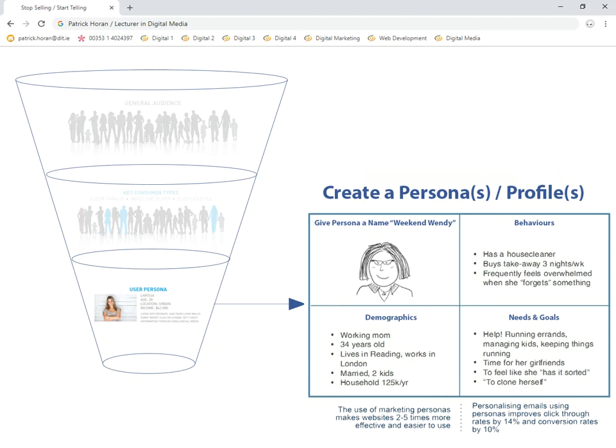So if you just look at the funnel on the left hand side, normally when you look at the audience analysis section of your design specification, you'll see people starting off with general audience statistics.